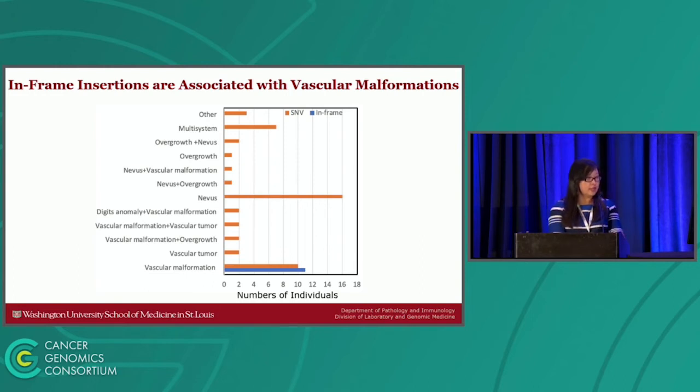Interestingly, we found that all 11 individuals with in-frame insertions were tested for vascular malformations or similar conditions, while the hotspot missense variants are associated with a broader clinical presentation beyond vascular malformations, including nevus, somatic overgrowth, digital anomalies, and multi-system findings. So this observation suggests that the in-frame insertions are associated with vascular anomalies and really without additional findings.